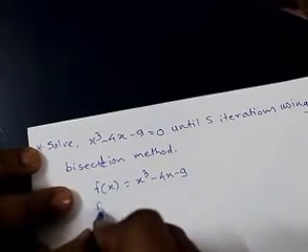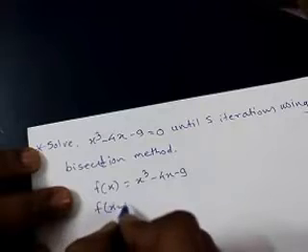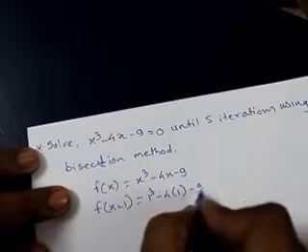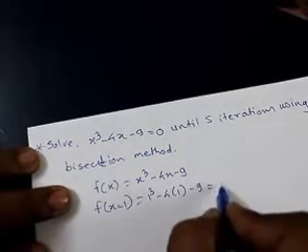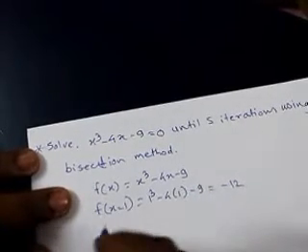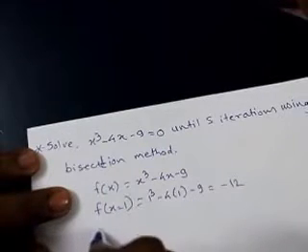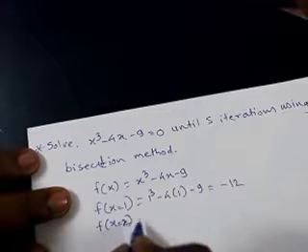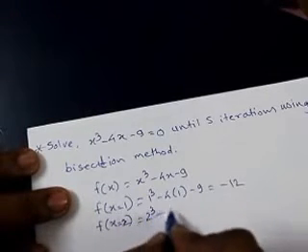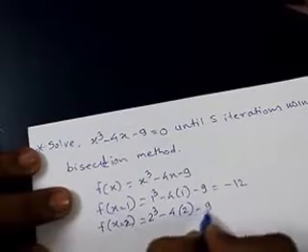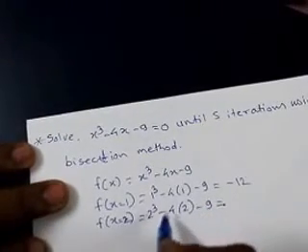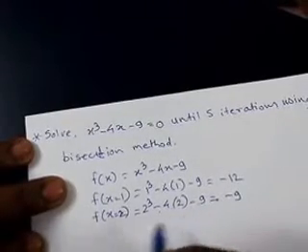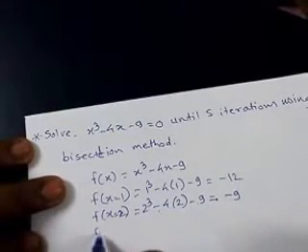We'll find what happens when x is equal to 1: 1 cube minus 4 into 1 minus 9, which comes to minus 12, a negative value. Now x is equal to 2: 2 cube is 8, minus 8 is 0, minus 9. Still negative, so we have to go further.